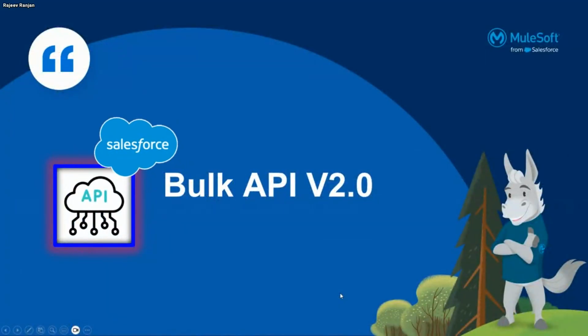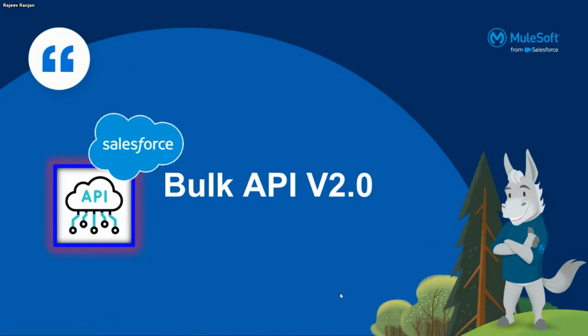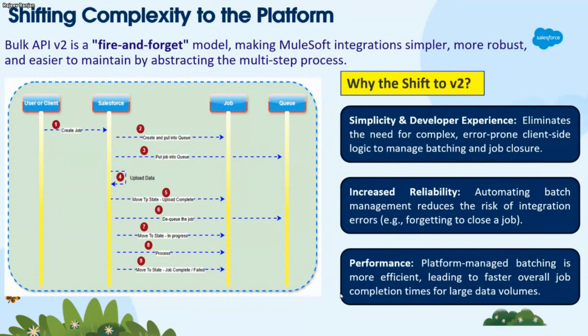Now we are going to come to our actual agenda, which is Bulk API v2. This is a simple sequence diagram I tried to depict, to show how it is going to work.